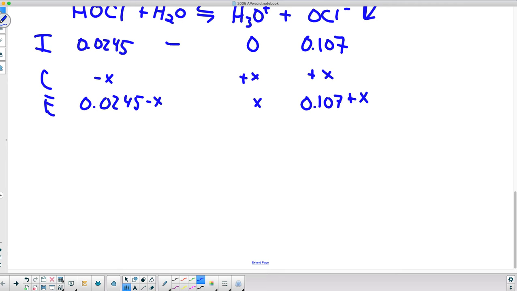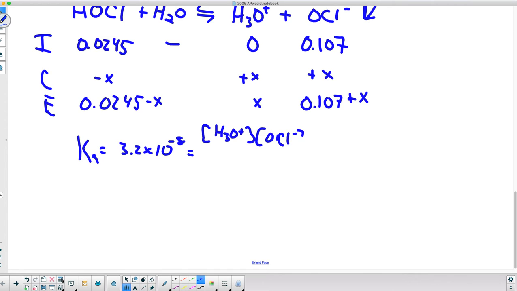So that means now that for my Ka, which is still 3.2 times 10 to the negative 8th, I have the same thing that I had before. I'm going to sub in for this stuff: H3O plus, OCl minus, and HOCl.